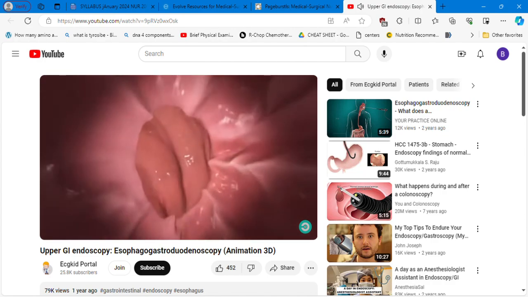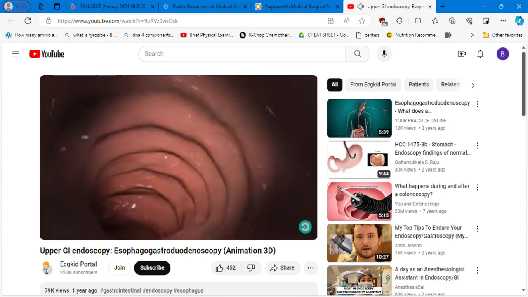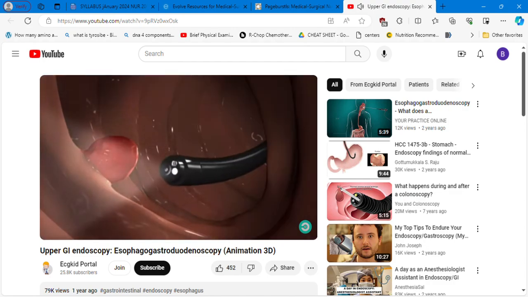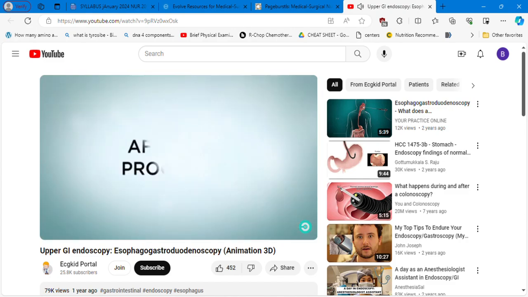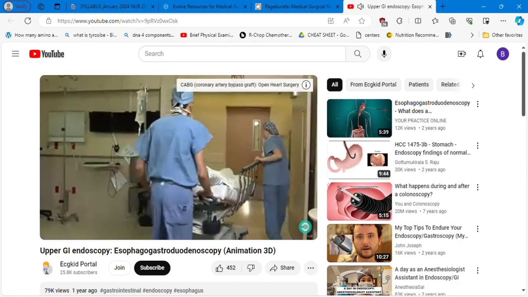Your provider looks at your esophagus, stomach, and duodenum for problems such as bleeding, inflammation, or growths. Using small tools inserted through channels in the endoscope, he or she can take small samples of tissue to send to a lab. This is called a biopsy. In some cases, your provider will remove small growths, the endoscope is then removed. After the test, you'll need to rest for about an hour to let the sedation wear off.